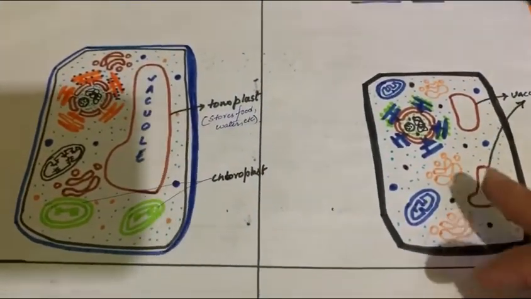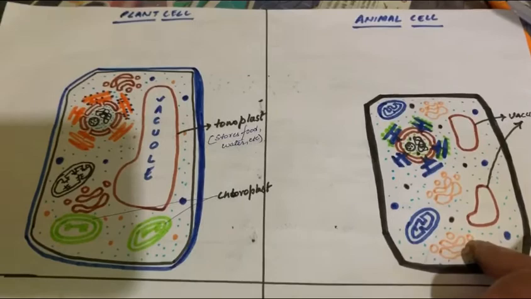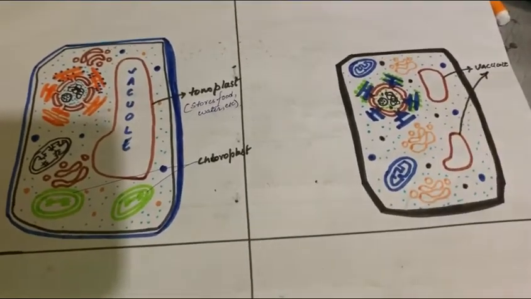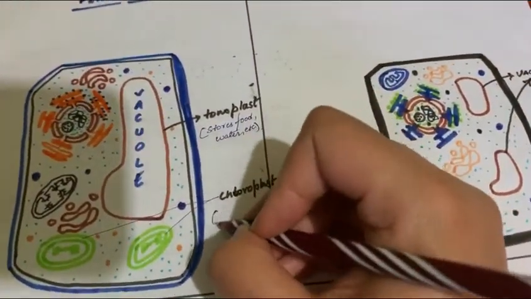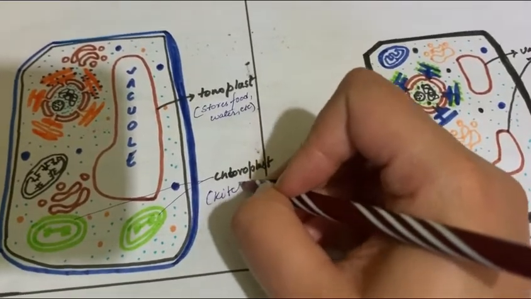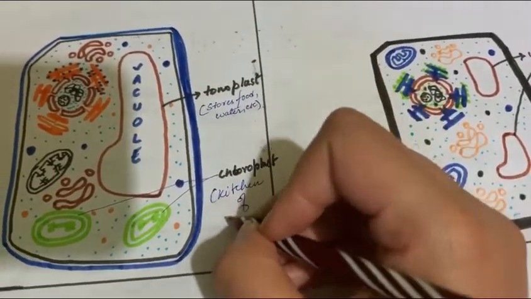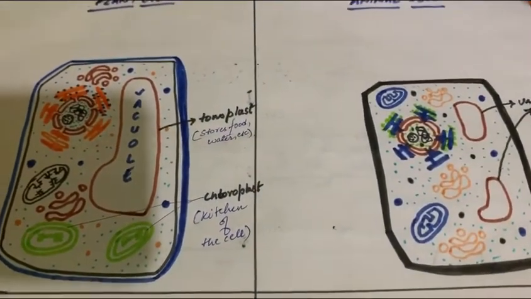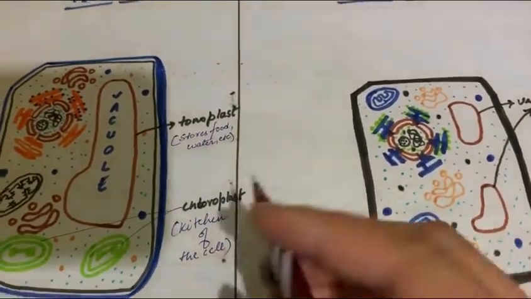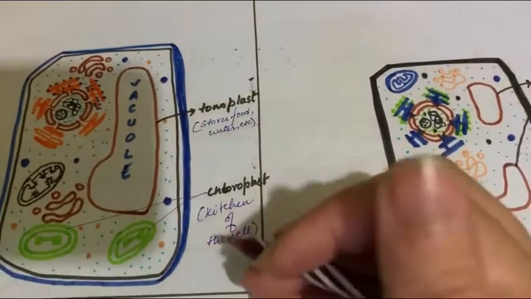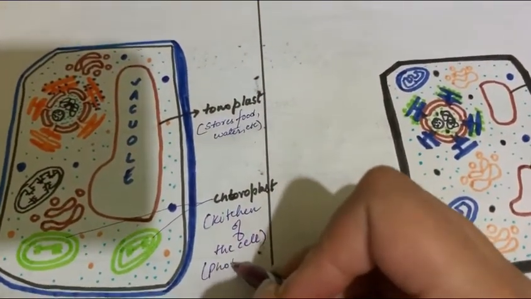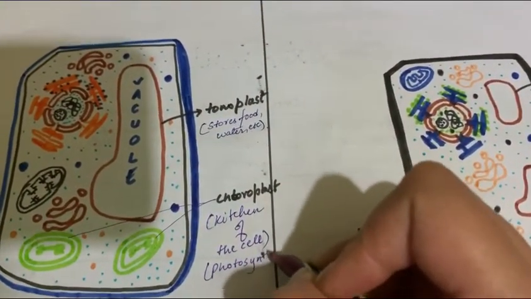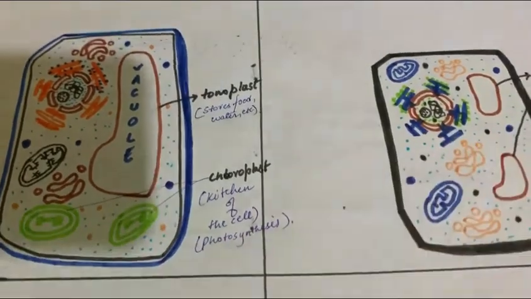Now, if you see here, there are no green structures, which means chloroplast is not present in the animal cell. What is the reason behind it? A major reason is that the chloroplast is the kitchen of the cell. What do you mean by kitchen of the plant cell? It helps in photosynthesis.